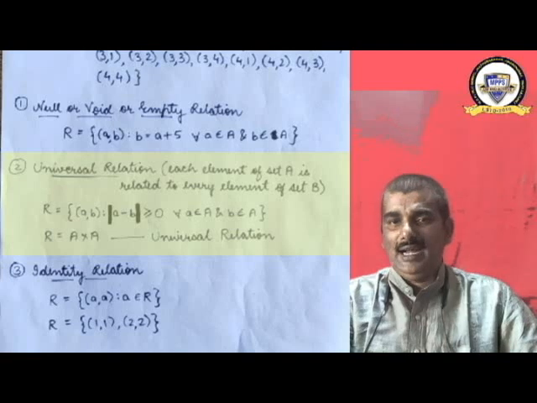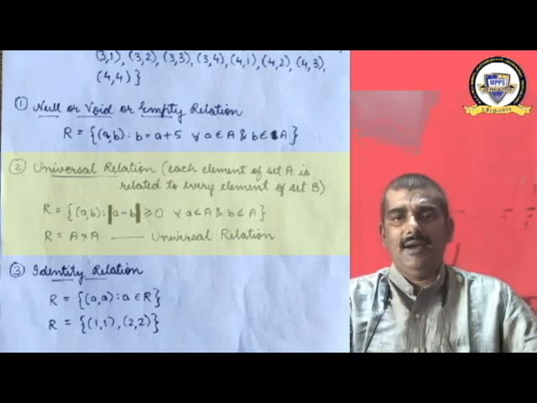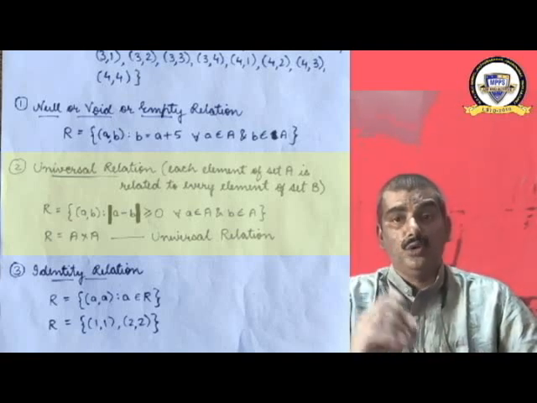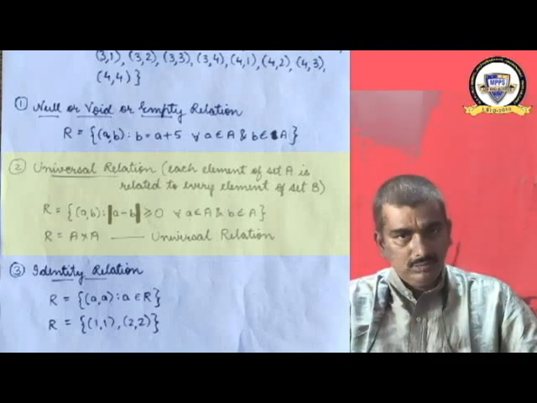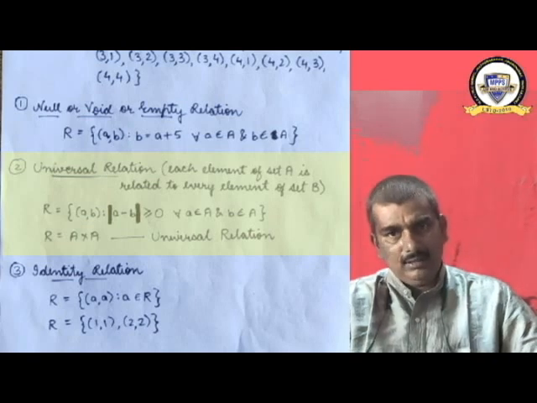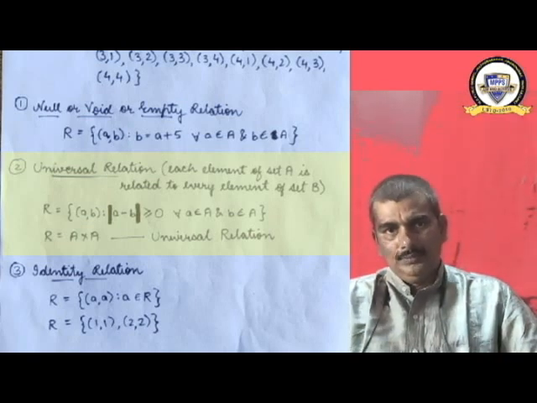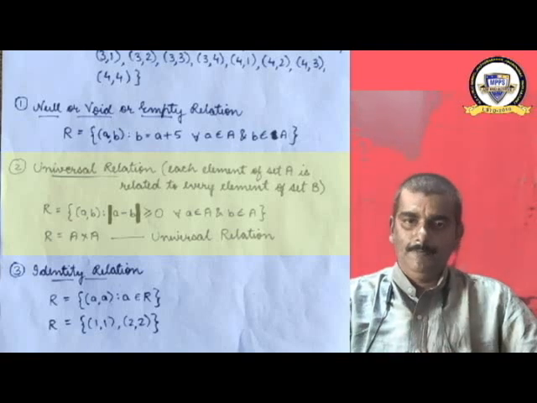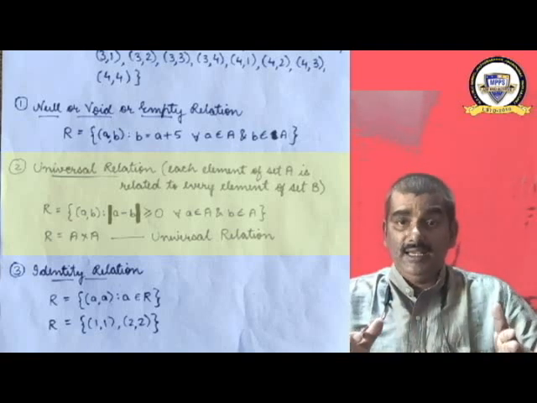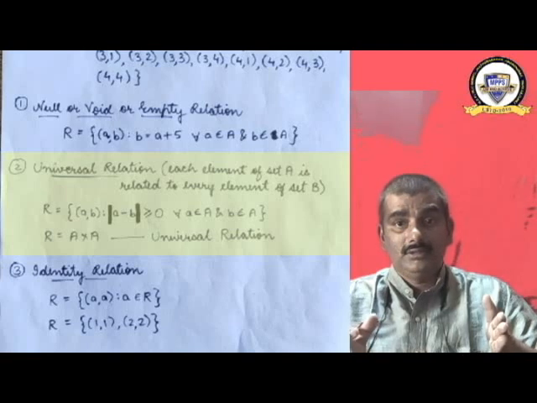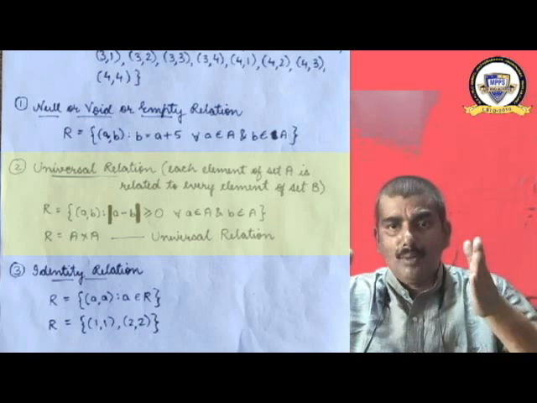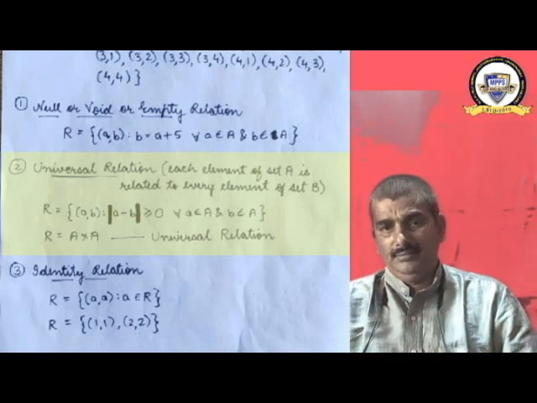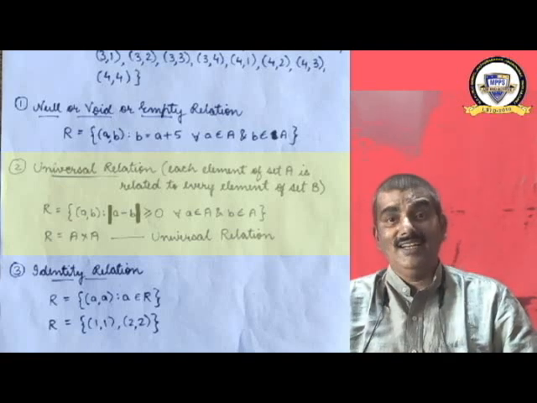Let us consider one example: (a, b) such that the modulus of a minus b is greater than or equal to 0, where a belongs to A and b belongs to A. Both a and b belong to A only. That is the condition over here.